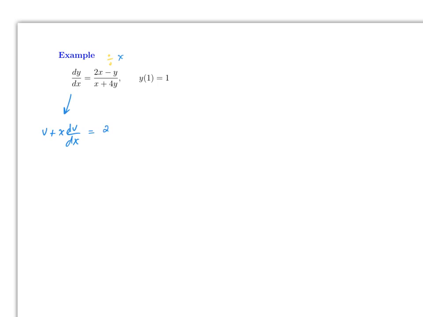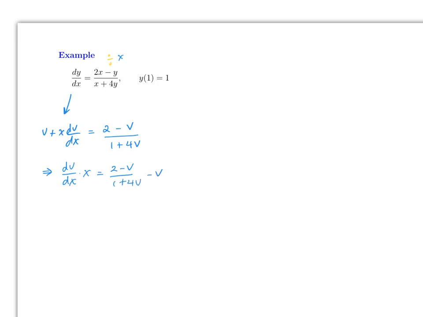On the other side, now it's going to be 2 minus v, and this is going to be 1 plus 4v. Okay? Then we're going to combine the v's and x, or separate the equations. So we're going to have dv dx times x equals 2 minus v over 1 plus 4v, minus v.